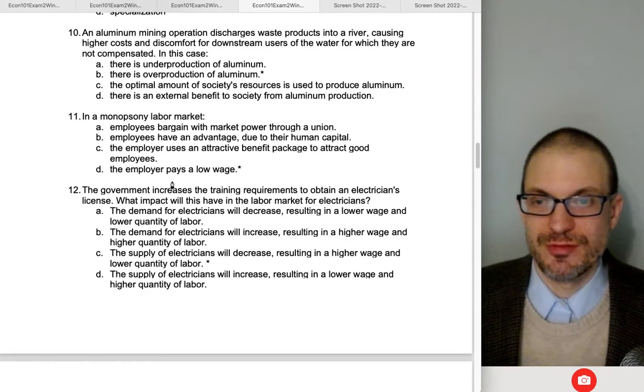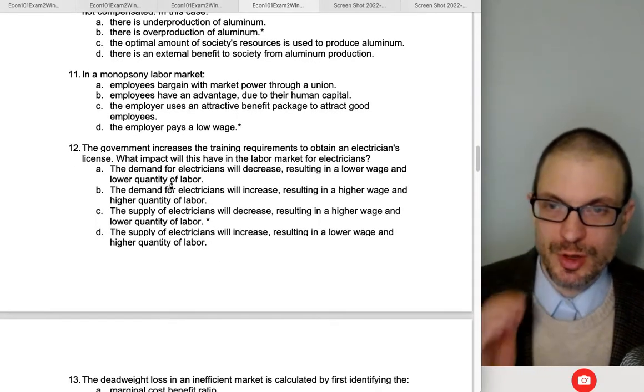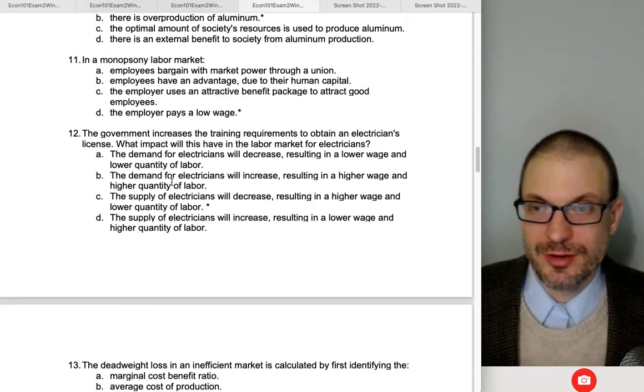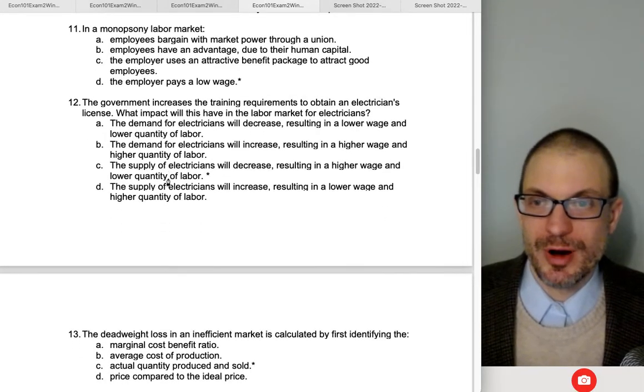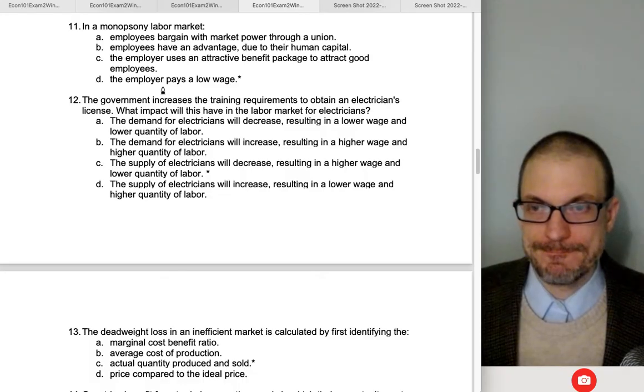You'd have to drive or commute really far, or move or something like that. And so they can pay comparatively lower wages up to the point where it's better to just pack up and leave entirely. So yeah, in a monopsony labor market, we'd expect the employer doesn't have to compete with other prospective employers. They're the only one that's offering jobs to any of the available workers.